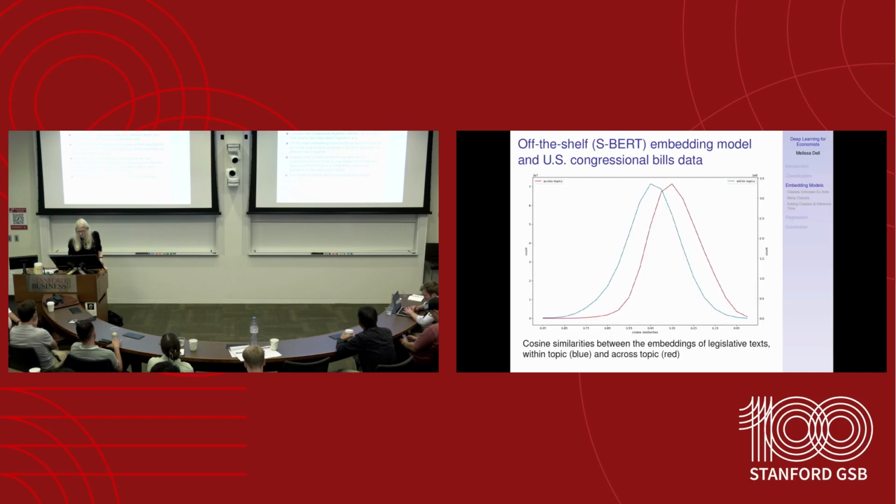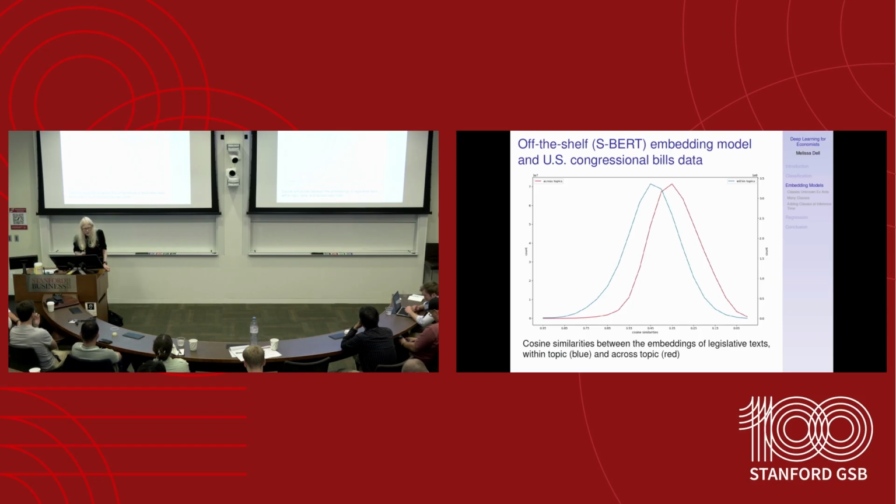And I want to show you that with some figures. So this is SentenceBERT embeddings off the shelf. And you see the cosine similarity, a measure of how similar embeddings are within topics and across topics. And with cosine similarity, the smaller the angle between these two vectors, the more similar they are.